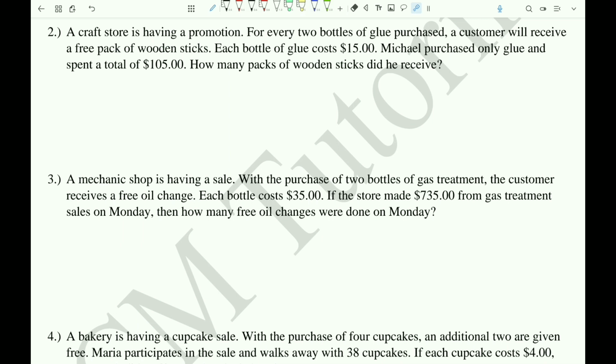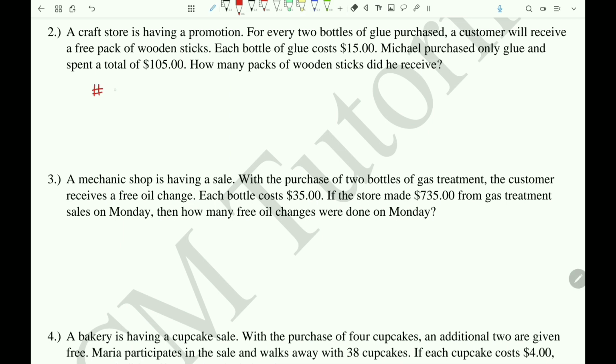Right, so the promotion is that for every 2 bottles of glue, you get a free pack of wooden sticks. They also give us information on the pricing of the glue and how much Michael actually spent at the craft store. So they give us this information so we can actually find out how many bottles of glue Michael purchased.